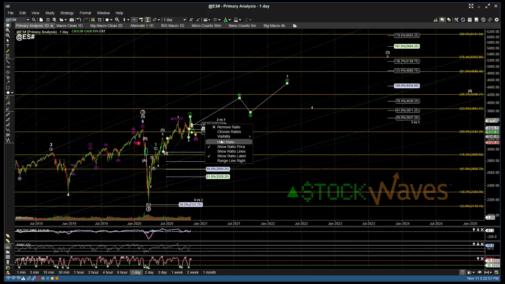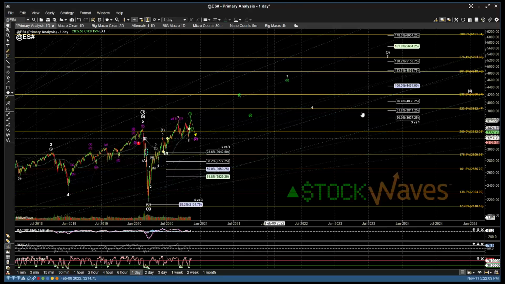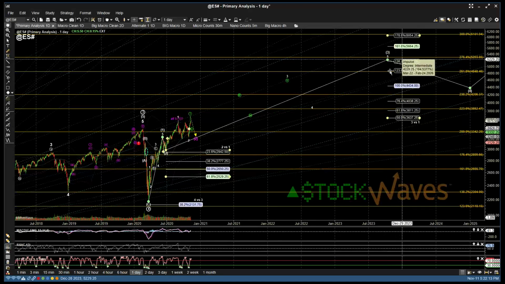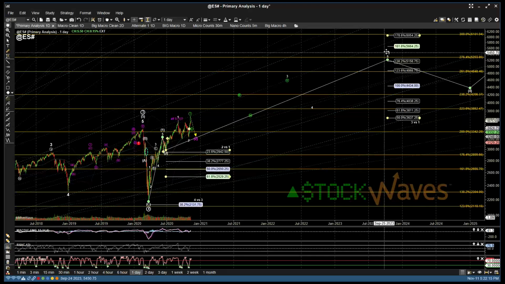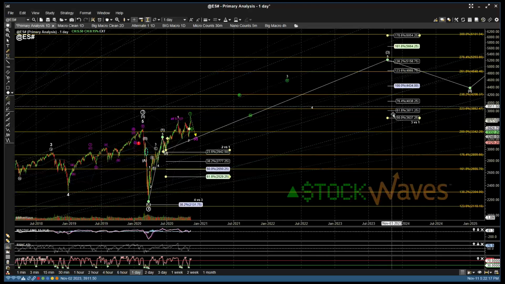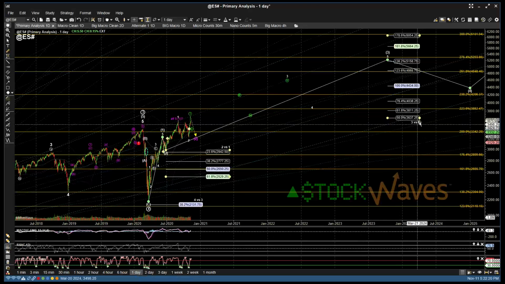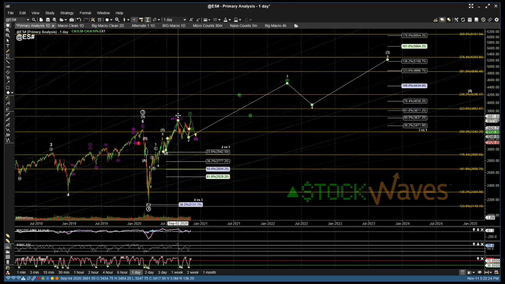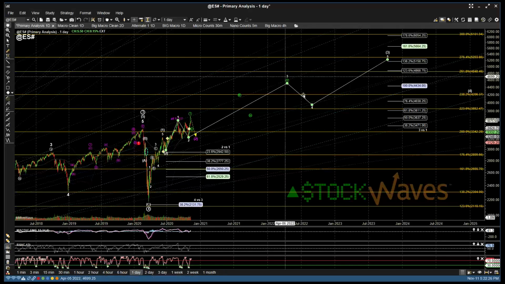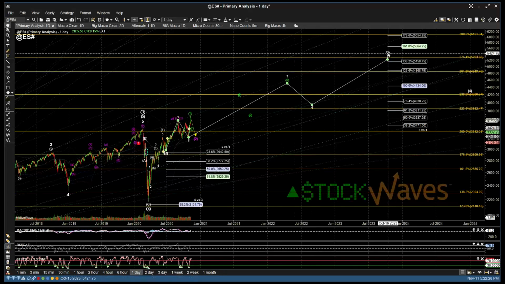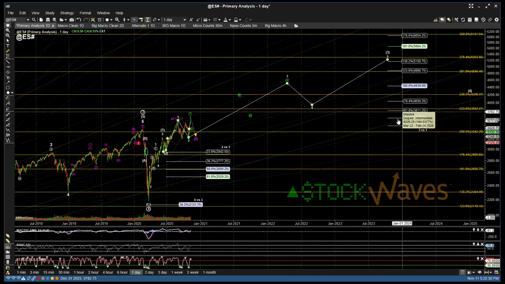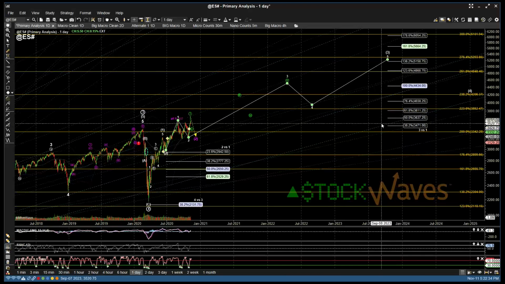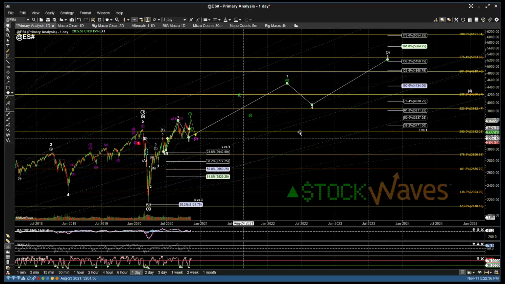So I'm going to hide the fibs here. And these are our extensions for the parentheses wave 3. So we'll just use that degree at the moment. Our normal Fibonacci pinball target for the minor degree wave 1, that's this 1, 2, 3, 4, 5 inside of the parentheses wave 3, is going to say the 382, the 0.50, or the 618 are going to be those ideal targets for wave 1.